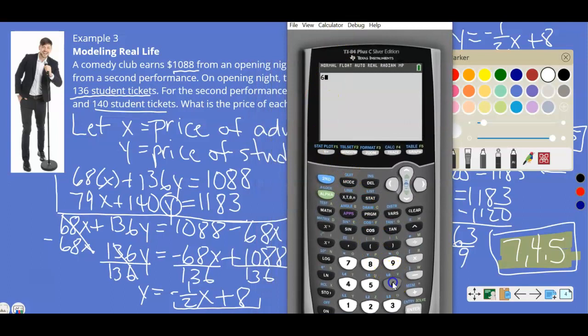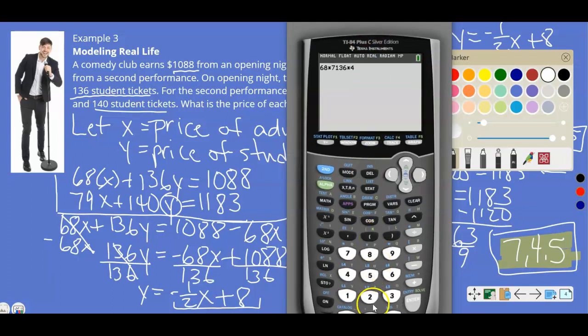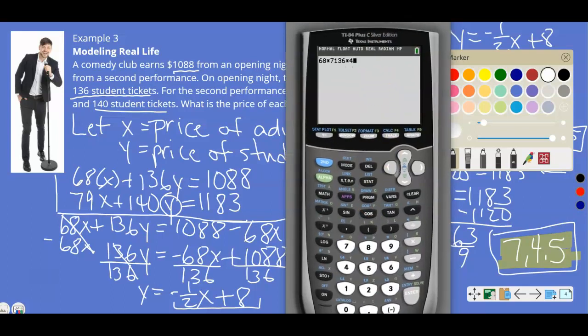We've got 68 times 7, because x is 7, plus 136 times 4.5.